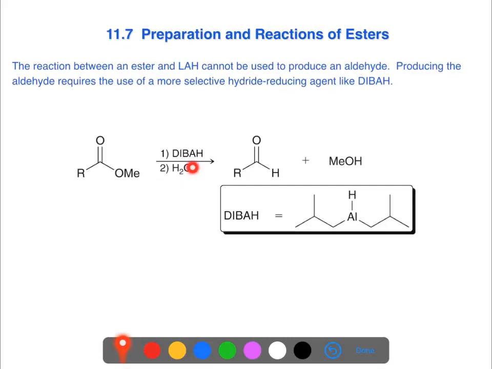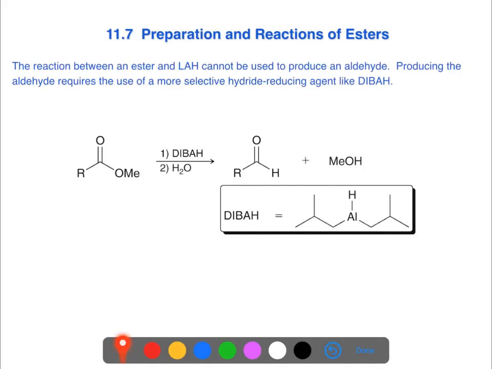And then in a second subsequent step, we will add water to react with the methoxide to form methanol, and that water can also be used to react with any remaining DIBAH. So again, this is a selective hydride reducing agent, and it's important to remember that this reagent only reacts with the esters relatively well, and the previous reagent is specific for acid chlorides.